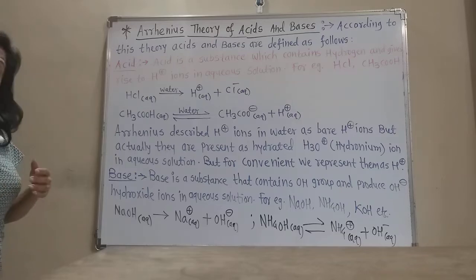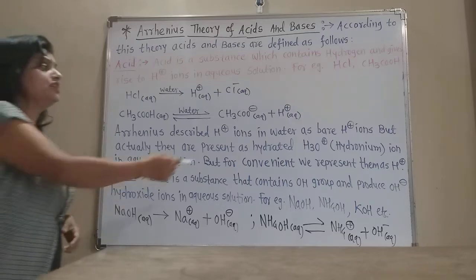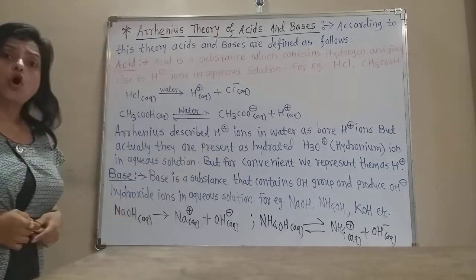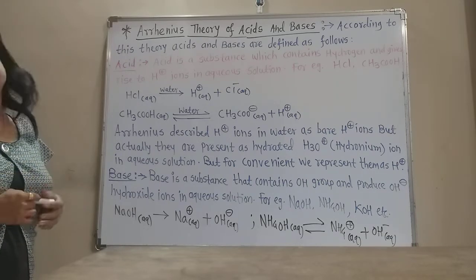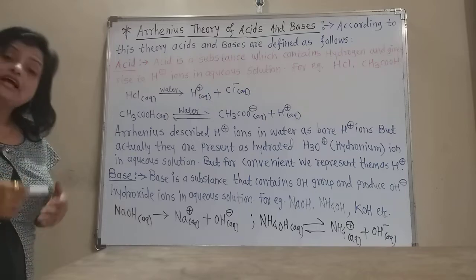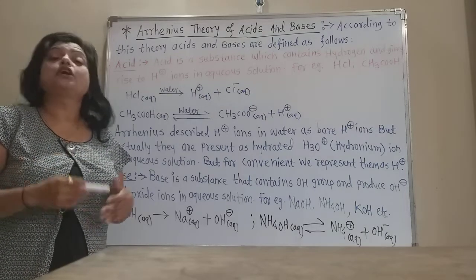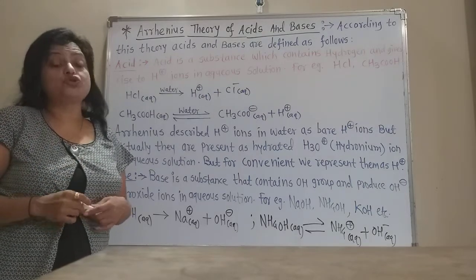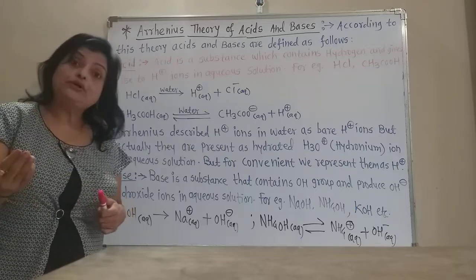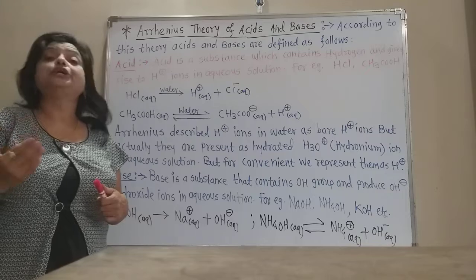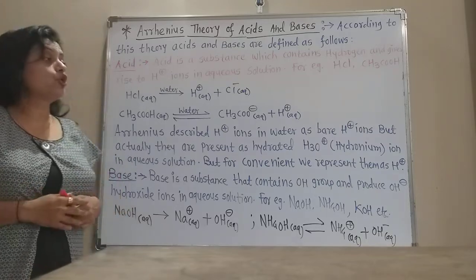solution. Now Arrhenius described these H plus ions of the acids in water as only bare H plus ions. But actually the H plus ions are not present in the aqueous solution. They always get hydrated with the water molecule and they are present as the hydronium ion, that is H3O plus.